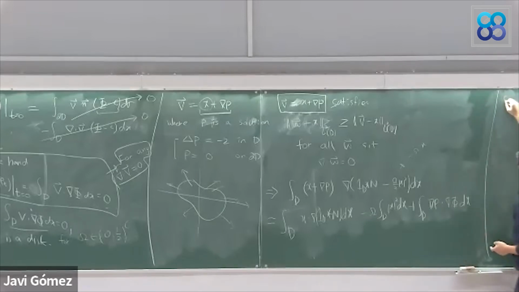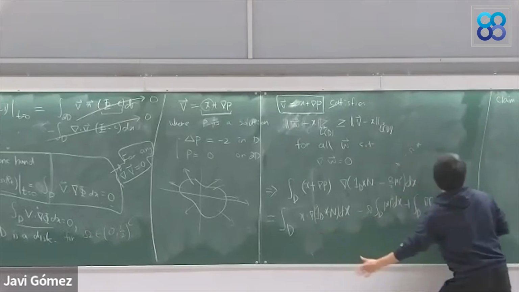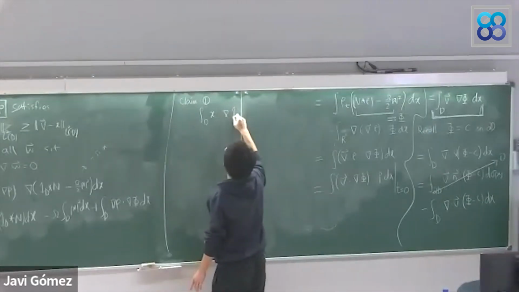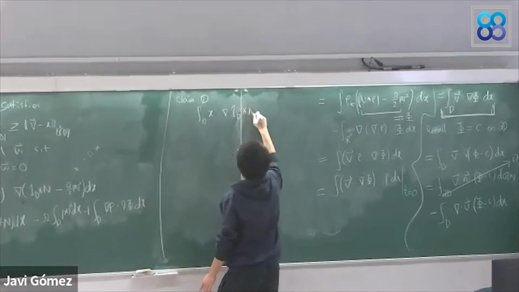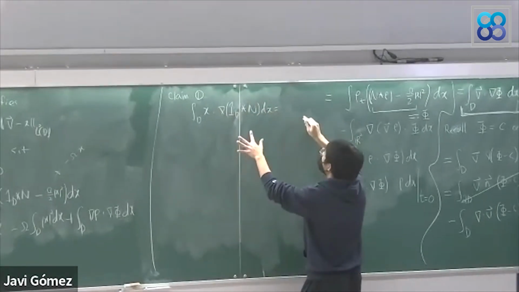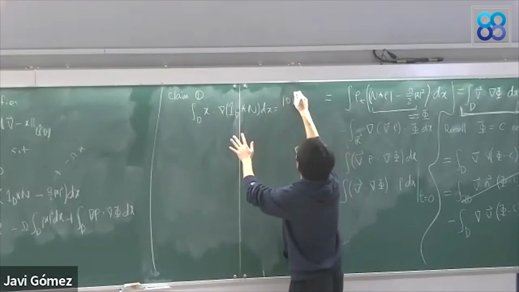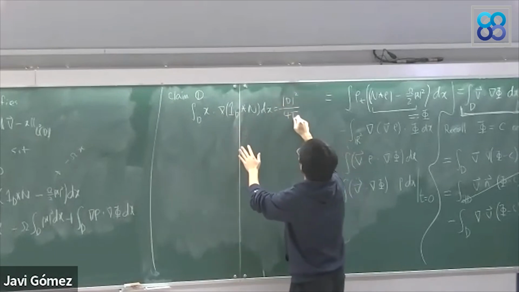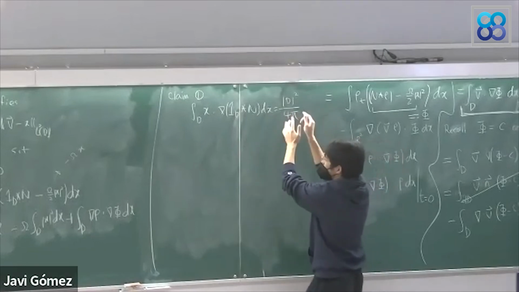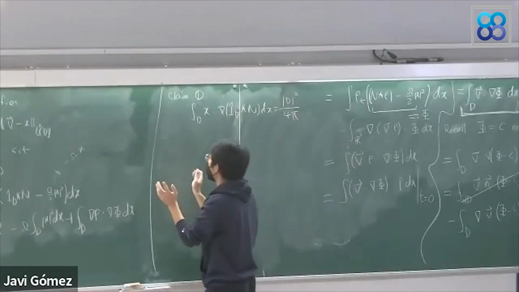And then I'm going to make some other claims. The first claim is that this term, X times gradient of X, whatever the shape of D, is always equal to d squared over 4 pi. It doesn't really depend on the shape, only on the area of D, which we are assuming is 1.